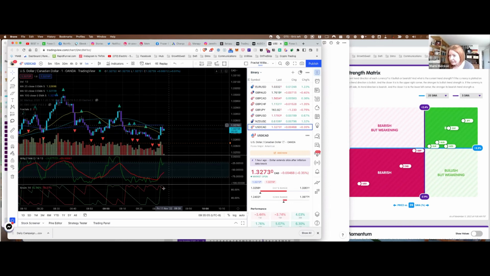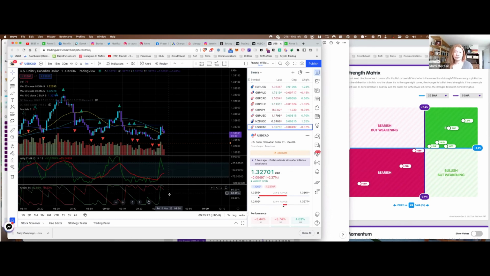And now we have, this is beautiful right here. This is a tight consolidation, okay? But this consolidation needs to have 5 candles before I can trust that consolidation, okay?